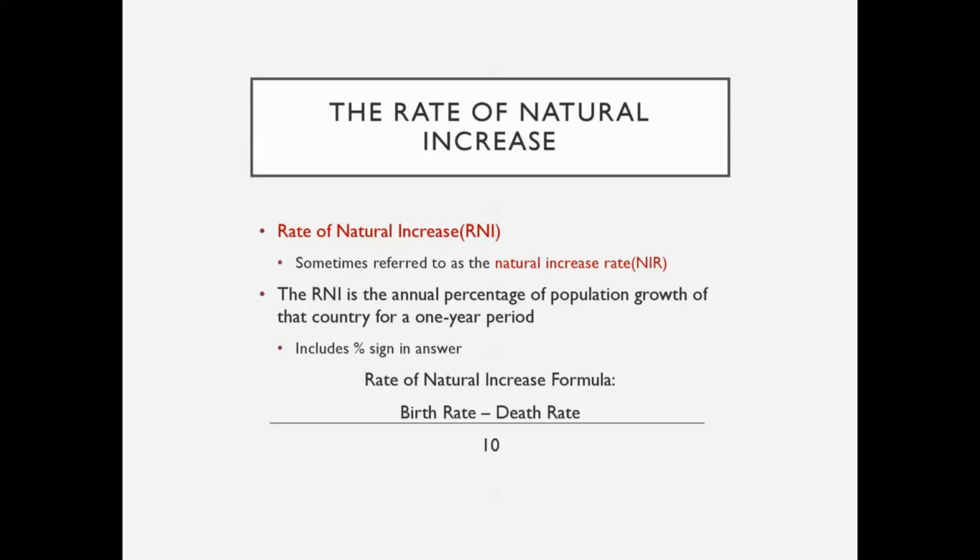So it is crude birth rate minus crude death rate, divided by 10. The reason we divide by 10 is to get a percent, because these are both in per mils. Crude birth rate is births per thousand in a population, and death rate is deaths per thousand in a population. We divide by 10 to go from per mil to percent, quite simply.